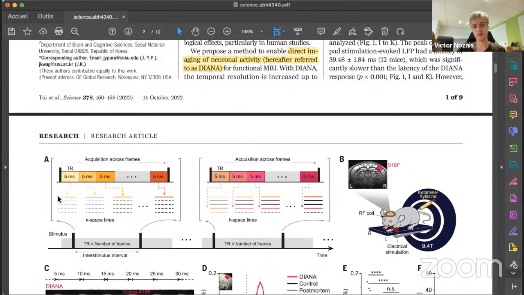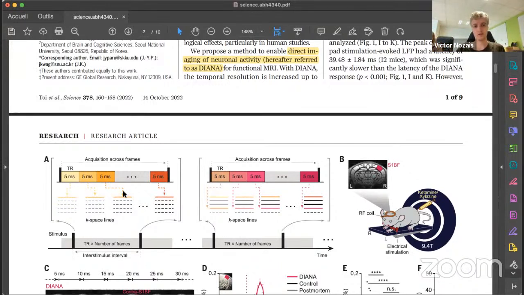What matters is that they do the first line at the first time point during the first 5 milliseconds. Then during the second 5 milliseconds, they do the second line, etc., until the 40th time point in their time series, because the time series is defined as 40 frames here.